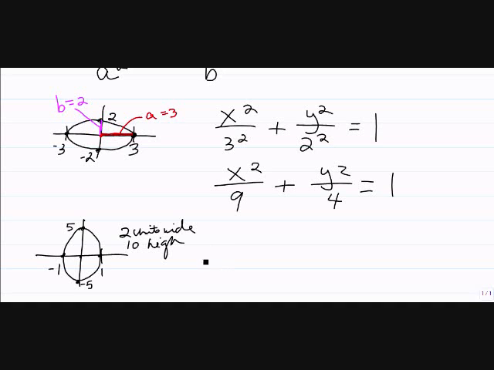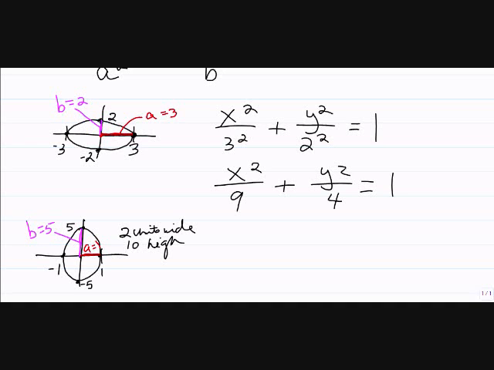So my A, and we like to leave our A's as the horizontal axis here. My A in this case is 1. My B in this case is 5.